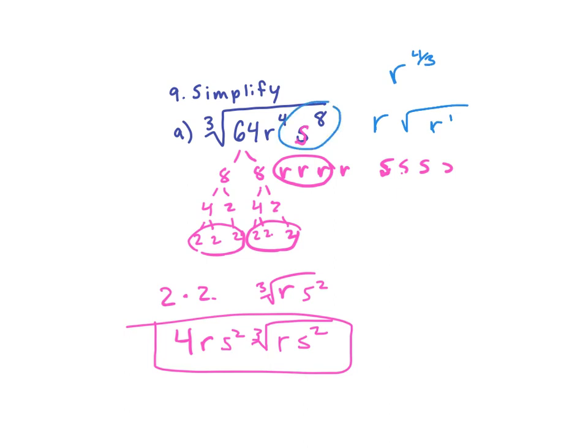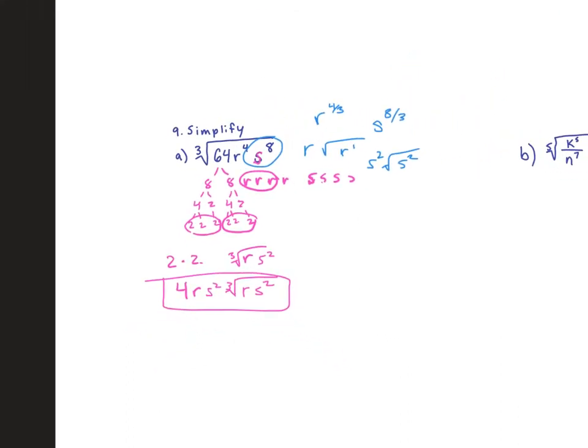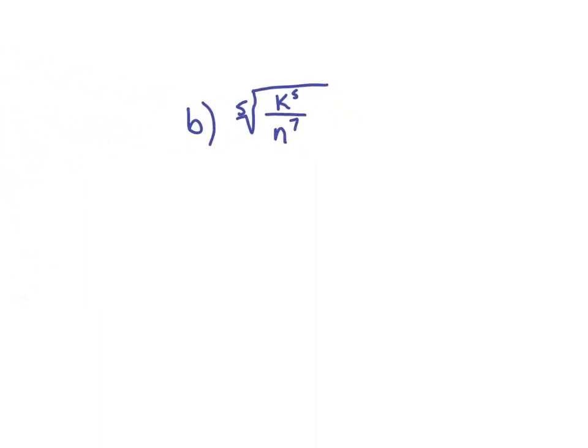So if you don't want to write out all 8 of the s's, you can always divide. 8 divided by 3, 3 goes into 8 twice, so 2 s's come out, and we have 2 left over, so 2 stay on the inside. So that's another way of doing that. If you want to write out all 8 s's, go ahead. But if you had like 27, you may want to divide. You could still write them out if you wanted to. Whatever gets you to the right answer.